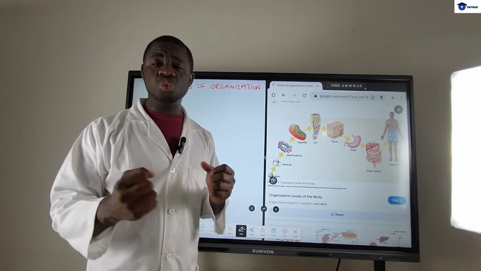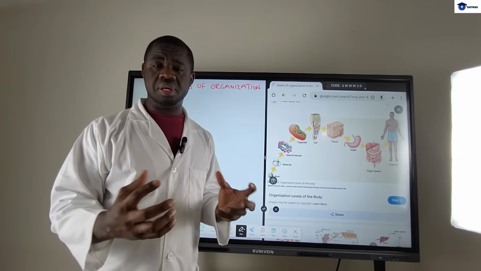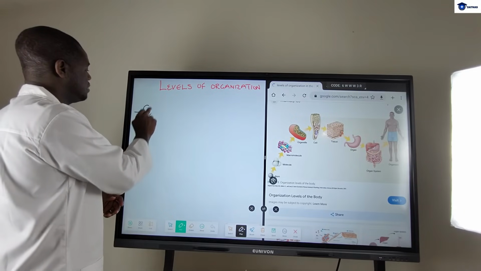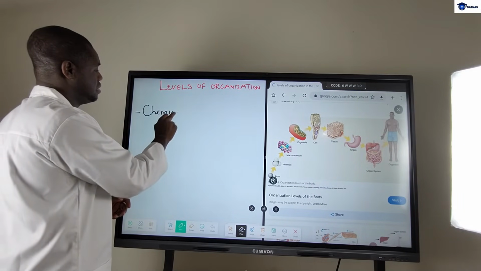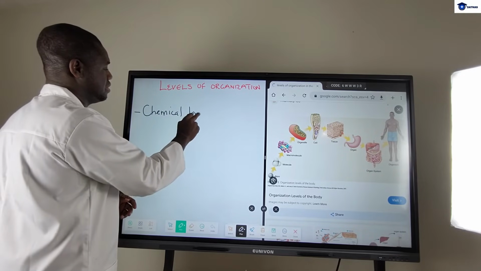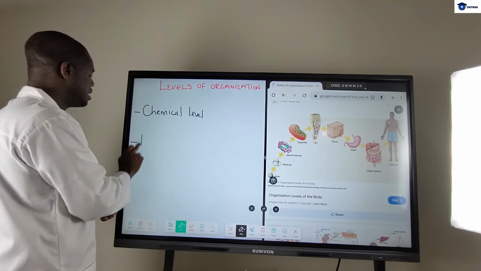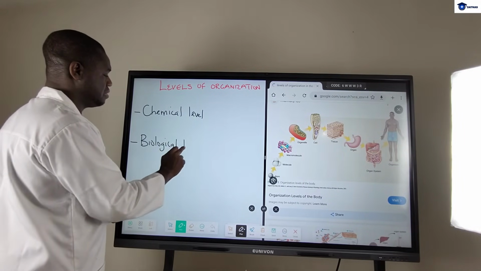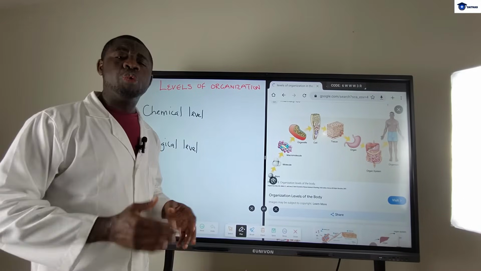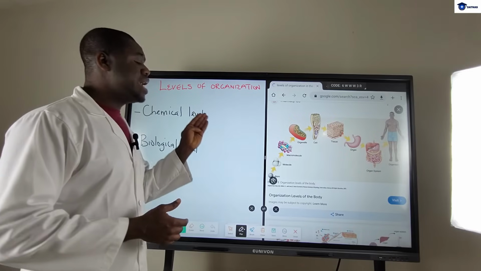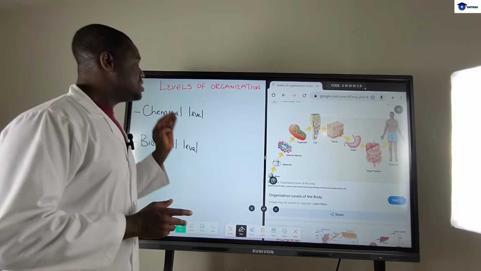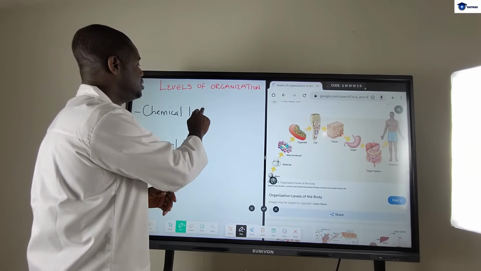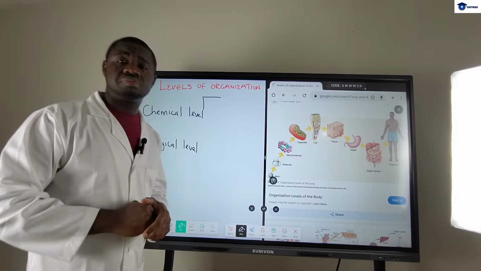described in two ways. We have the chemical level and we have the biological level. We were once in a chemical state, and this chemical level is divided into four.